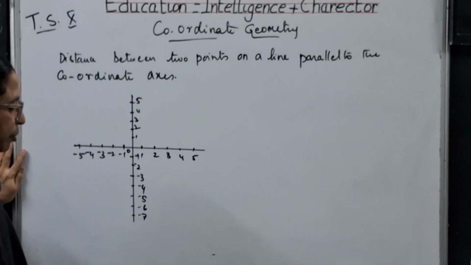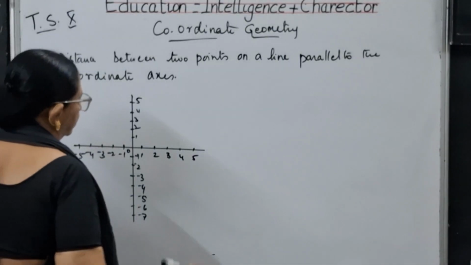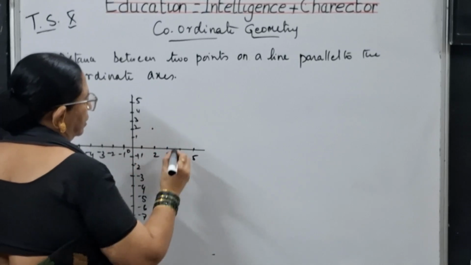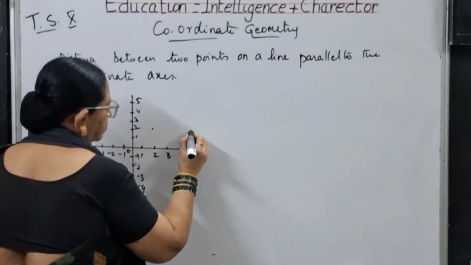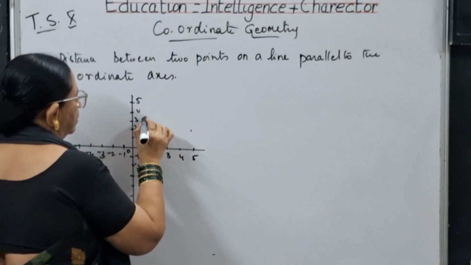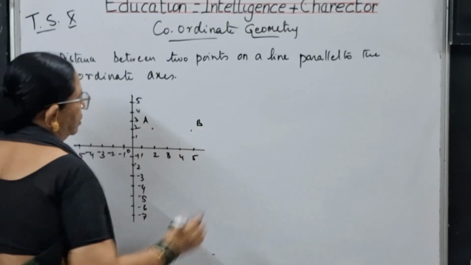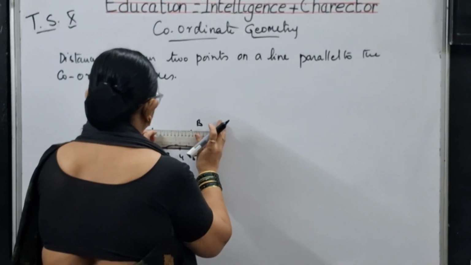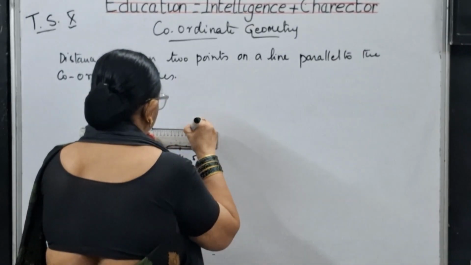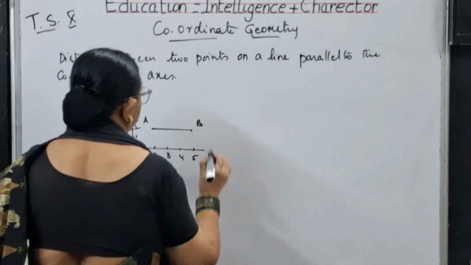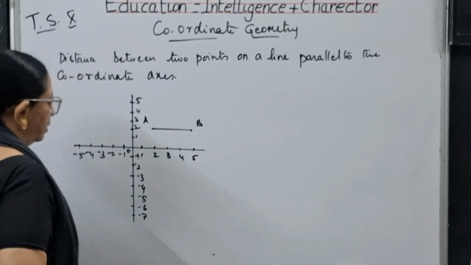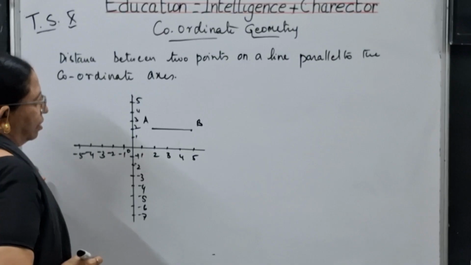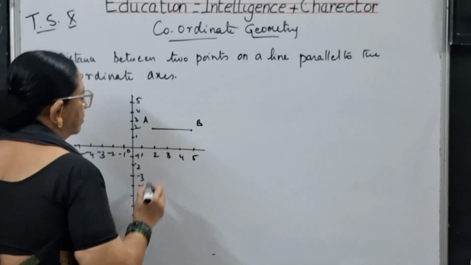So, suppose you have got a point here and a point here. Consider this as A and this as B. So, if you join AB, this AB line will be parallel to x-axis. Why is it parallel to x-axis?